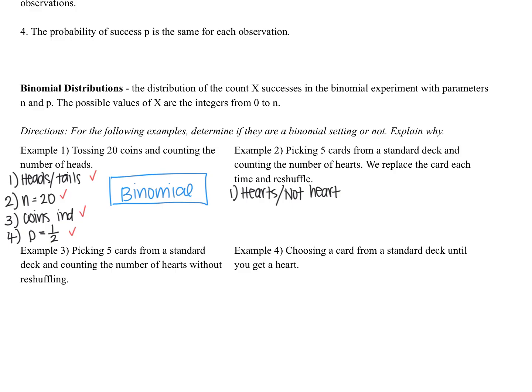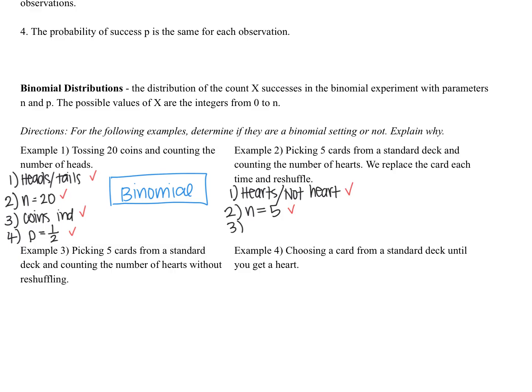From that aspect, it is only 2 outcomes. For 2, we are only picking 5 cards, so n is 5. If it hadn't specified, it's still always going to have a set number of outcomes, because there's only a certain number of cards in a deck anyway, so there's always going to be a specific sample size.